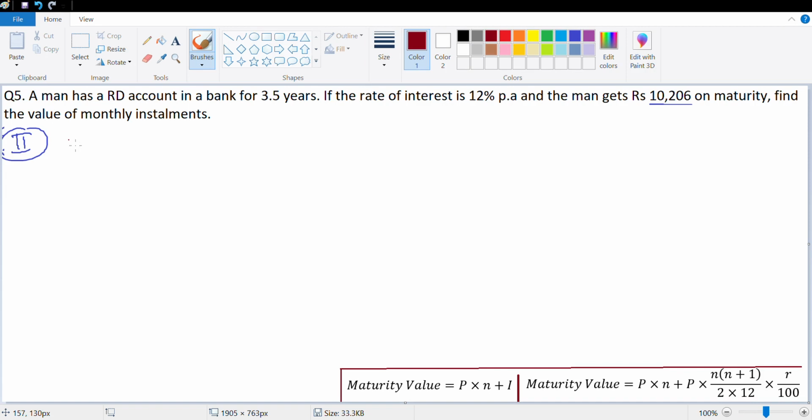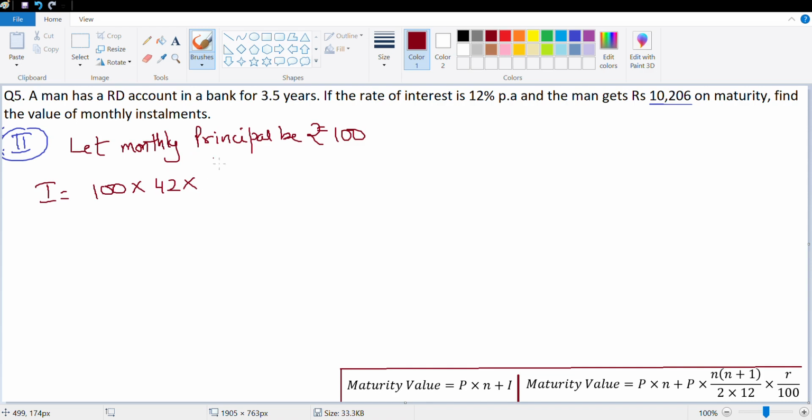So what is given is, let monthly principal be rupees 100. So if the monthly principal is rupees 100, my interest would be P, which is 100, into N, which in this case is 42, multiplied with N plus 1, which is 43, upon 2 into 12, multiplied with R, which is 12 upon 100.